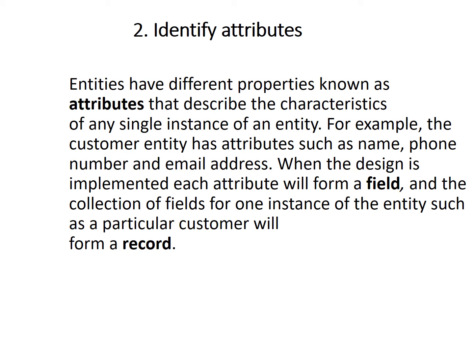So each of these attributes, the first name, surname, last name, first line of the address, postcode, zip code, each one of these is called a field. And a collection of these fields for one instance of the entity, such as a particular customer, will form a record. So all these different fields for one customer form together a record.